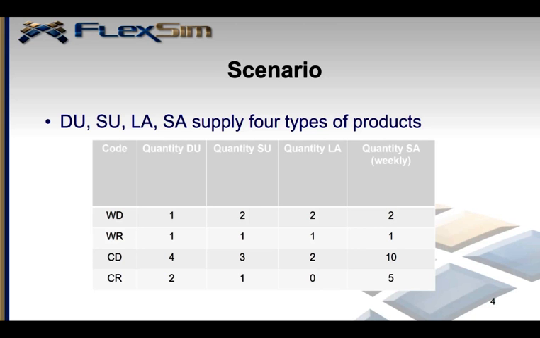They go through our process, but at the end we need to make sure that those exact products that DU supplied are returned back to DU. So I need some way of tracking what DU supplies us, what SU supplies us, what LA supplies us, and what SA supplies us. We also need to track whether they're a WD, a WR, a CD, or a CR. So it looks like we're going to be using labels.